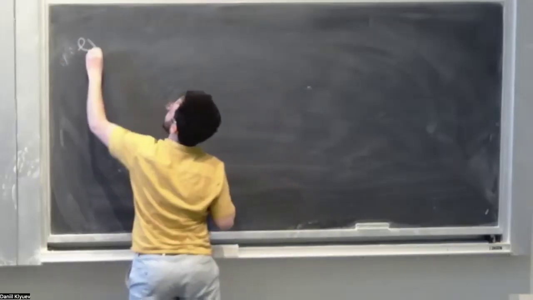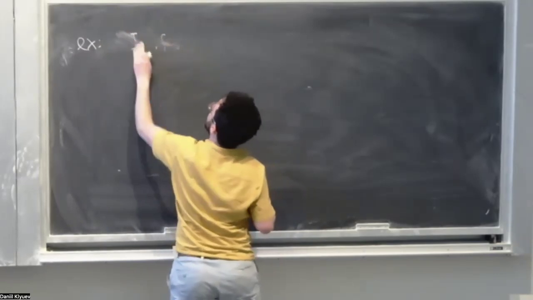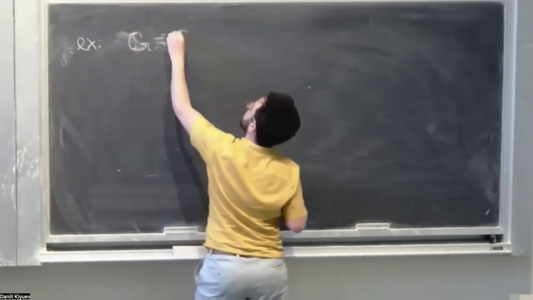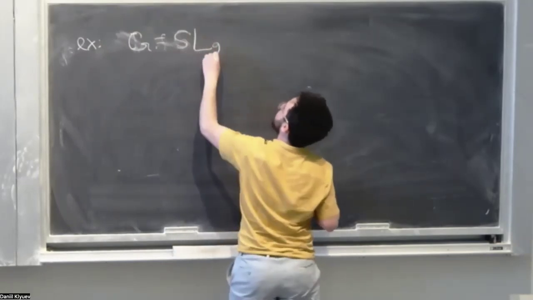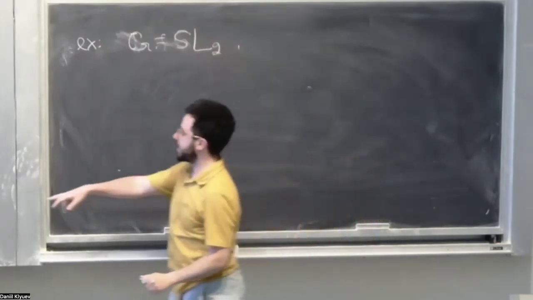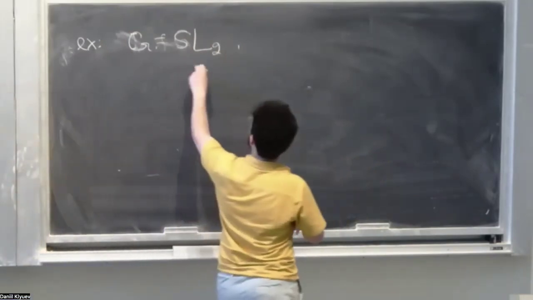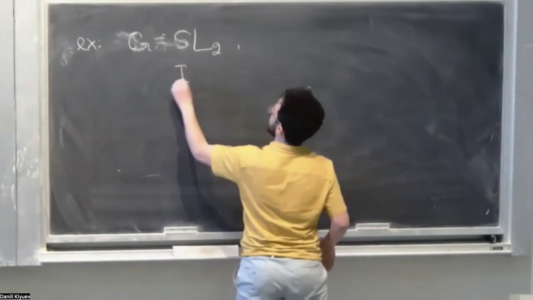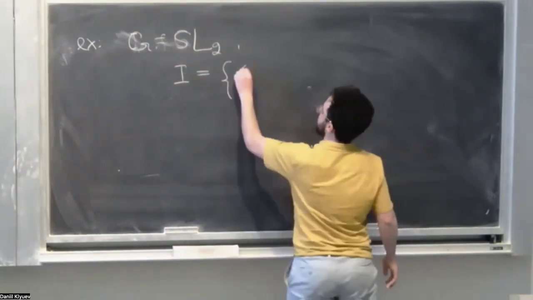So yeah, let's do an example for G equals SL2. So first of all, I need the group of all loops, which is going to be something like that.